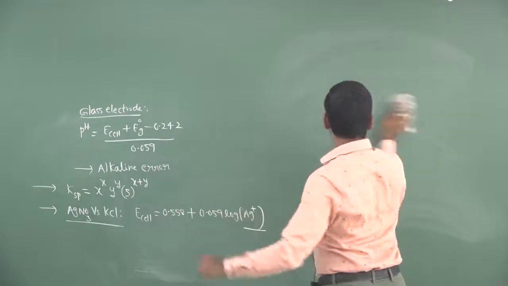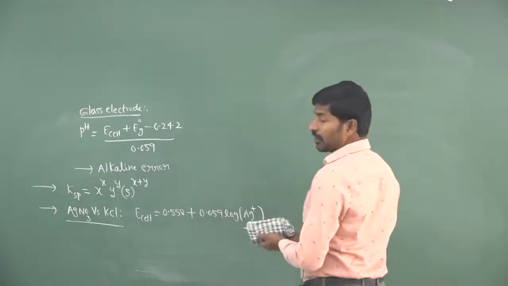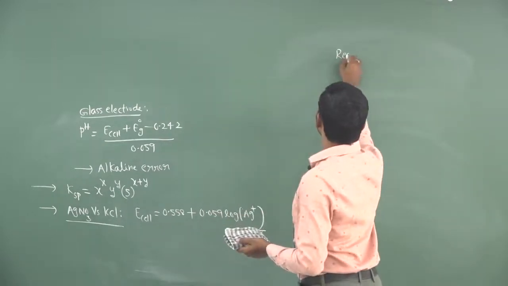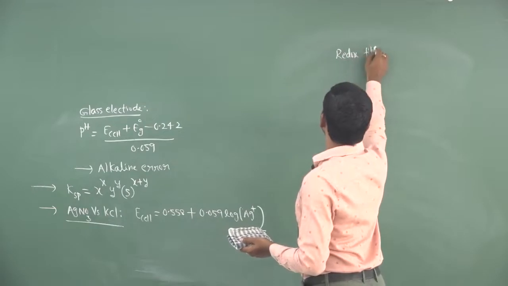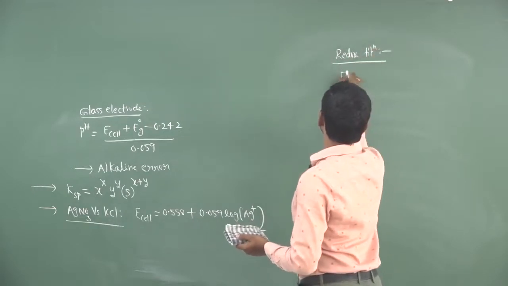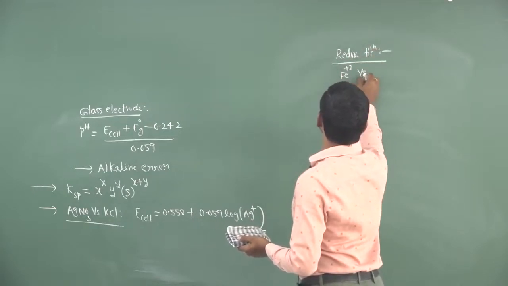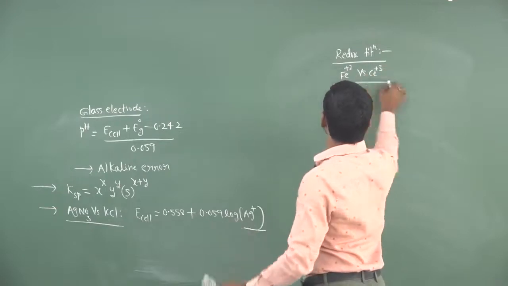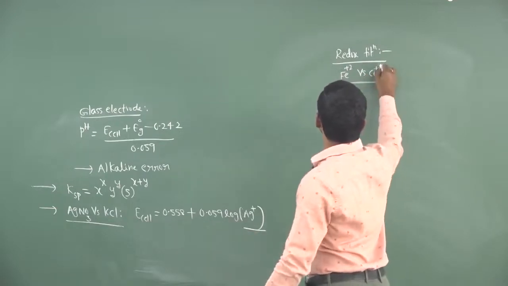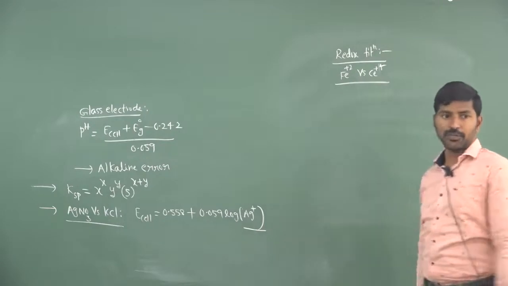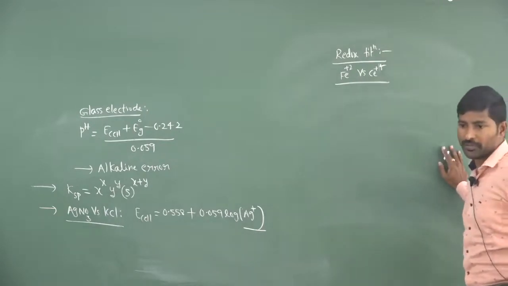Next we discuss redox titration. We discussed iron plus 2 versus cerium plus 4: ammonium ferrous sulfate versus ceric ammonium sulfate.